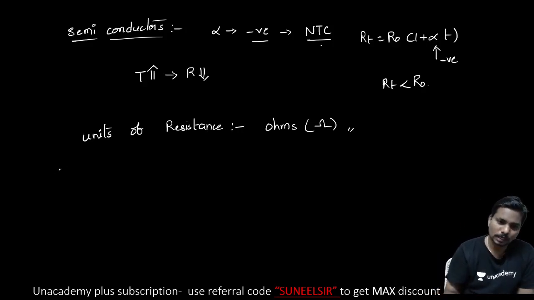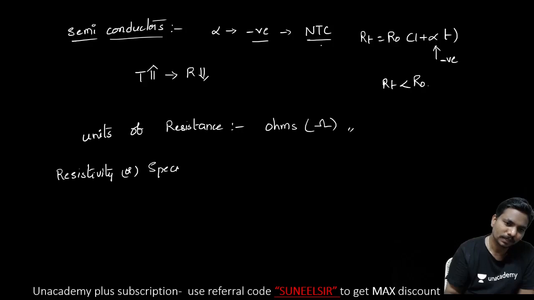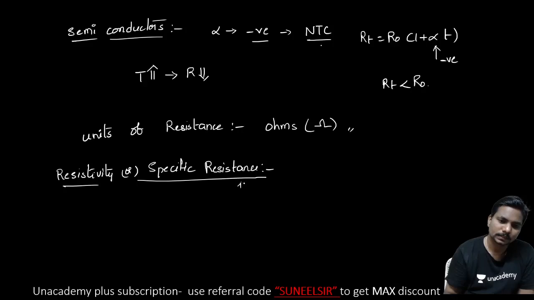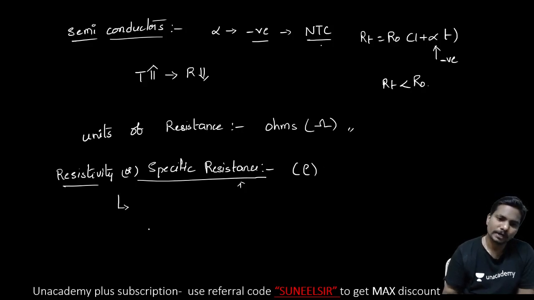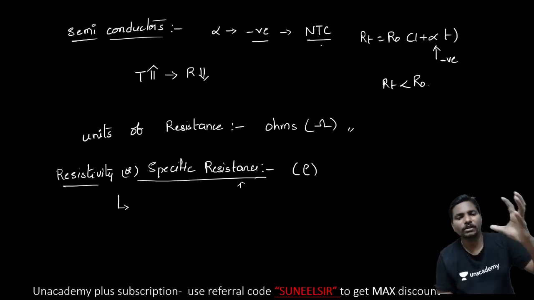Coming to the resistivity or specific resistance. Resistivity or specific resistance is denoted by the letter rho, and this rho value is the property of the entire material.